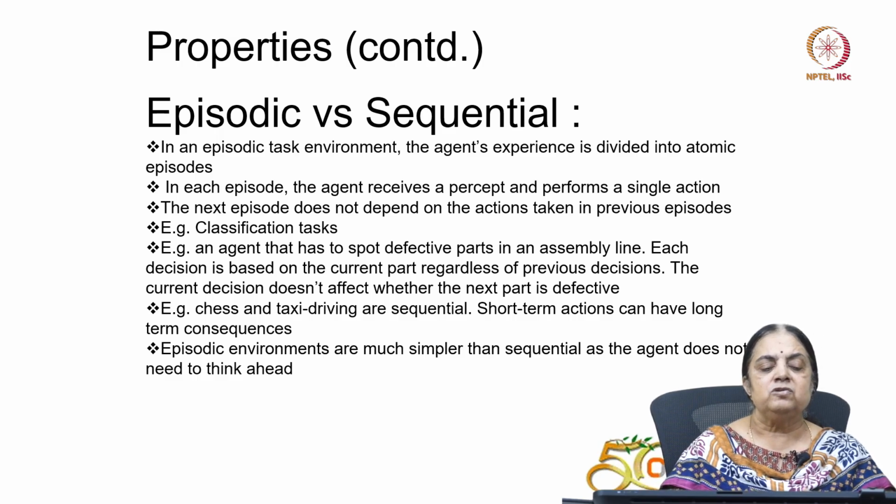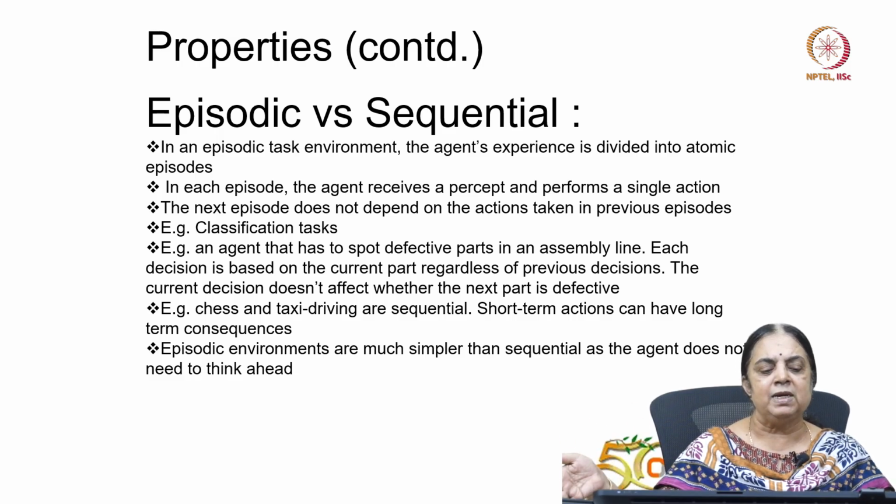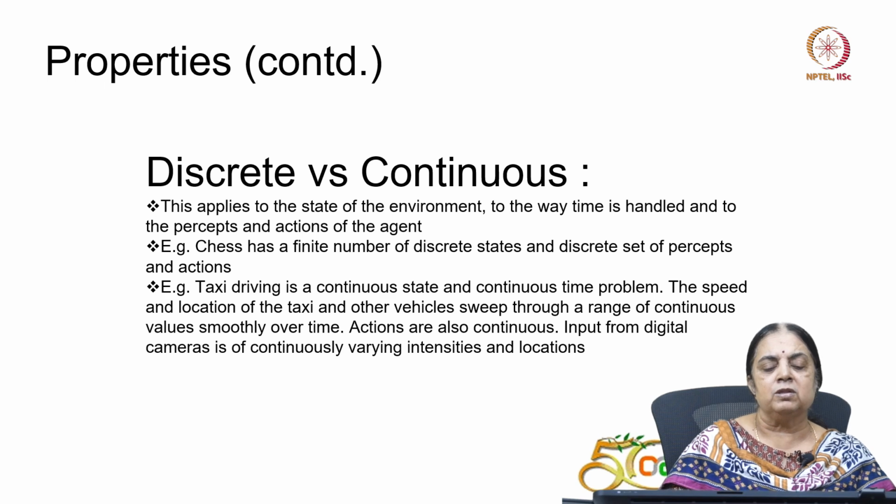So those things are known as episodic, and in chess, etc., once a move is made, it actually influences all the moves that are made later. So you call such things sequential basically. So episodic environments are easier to work with.